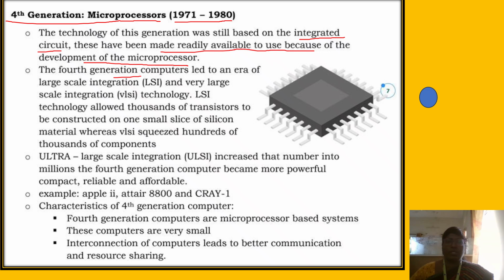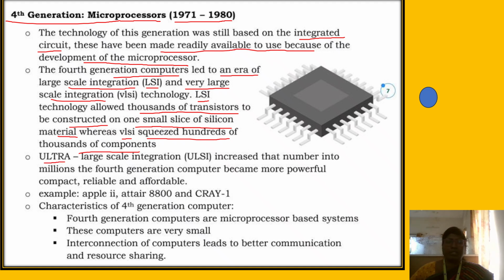The fourth generation computers lead to an era of large scale integration, called LSI, and to very large scale integration, called VLSI technology. LSI technology mainly allows thousands of transistors to be constructed on one small slice of silicon material, whereas VLSI squeezed hundreds of thousands of components.